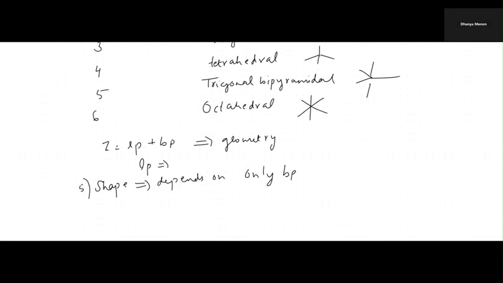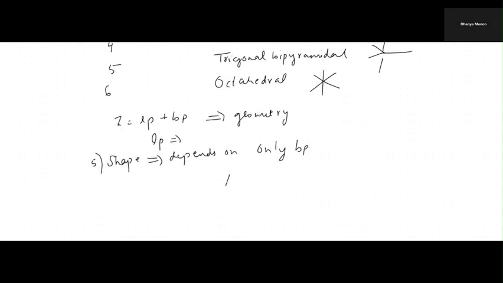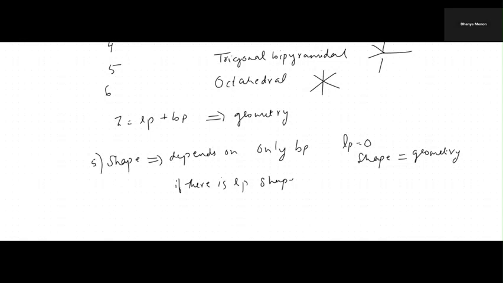We just saw if lone pair is 0, shape is equal to geometry. If there is lone pair, shape is not equal to geometry. We discussed this just a while ago.